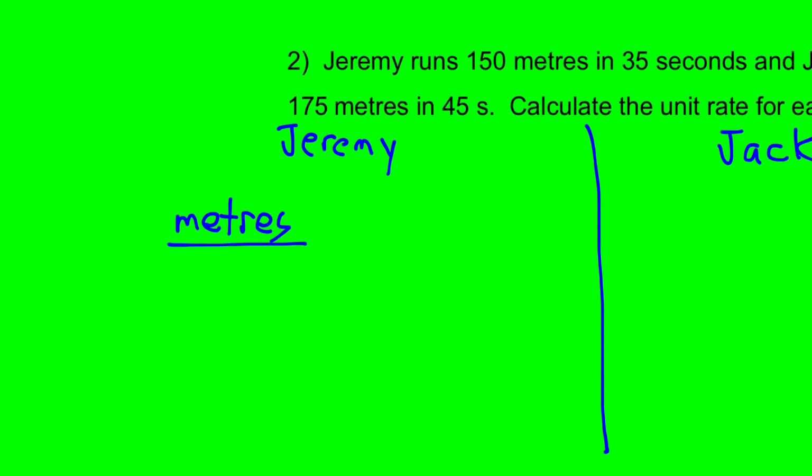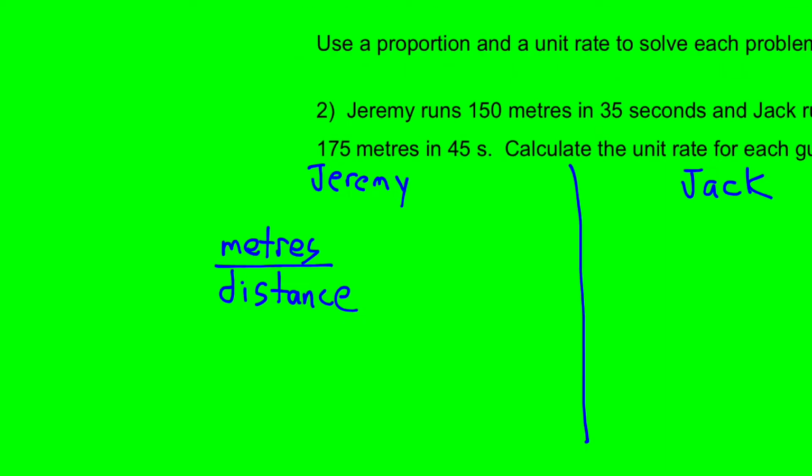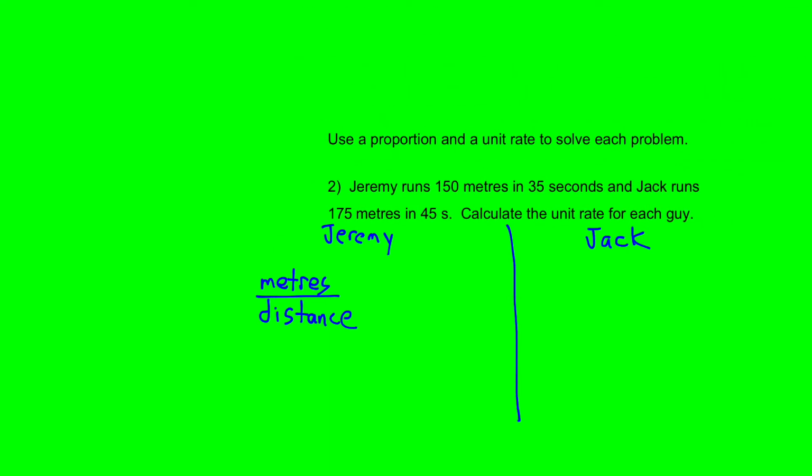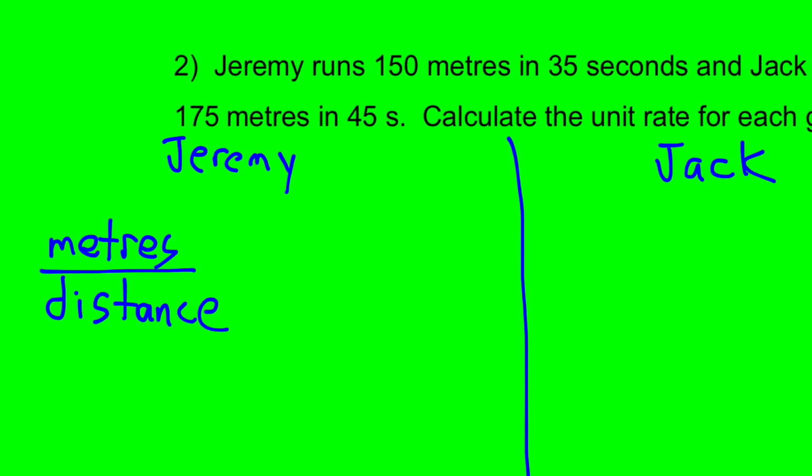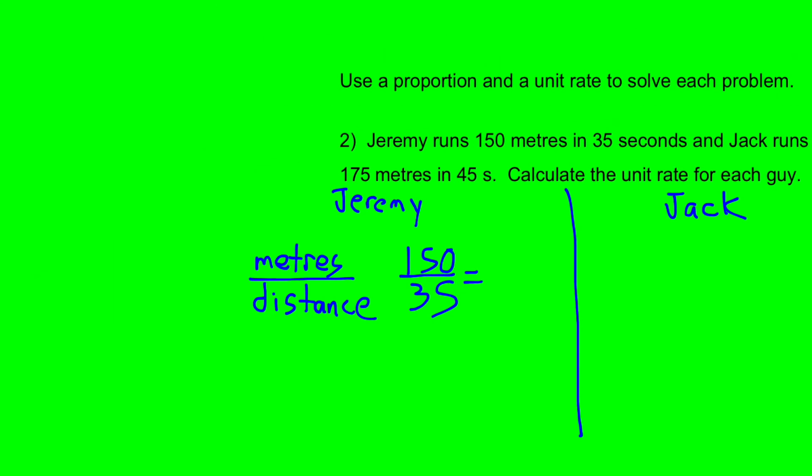Typically, when you're including time in a ratio, it's usually included as the second part of the ratio. Jeremy runs 150 meters in 35 seconds. When we're calculating a unit rate, we want to know how much Jeremy runs per 1 second.